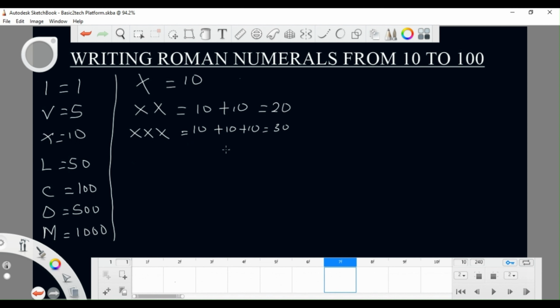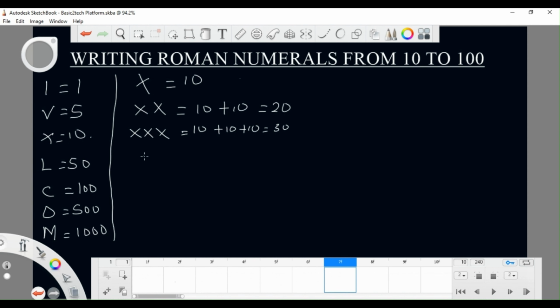Our next number is 40. How do we get 40? Remember, I have 10, I have 50, so I can subtract 10 from 50. That means that to subtract, the small value comes before the large value. To add, the small value has to come after the large value.